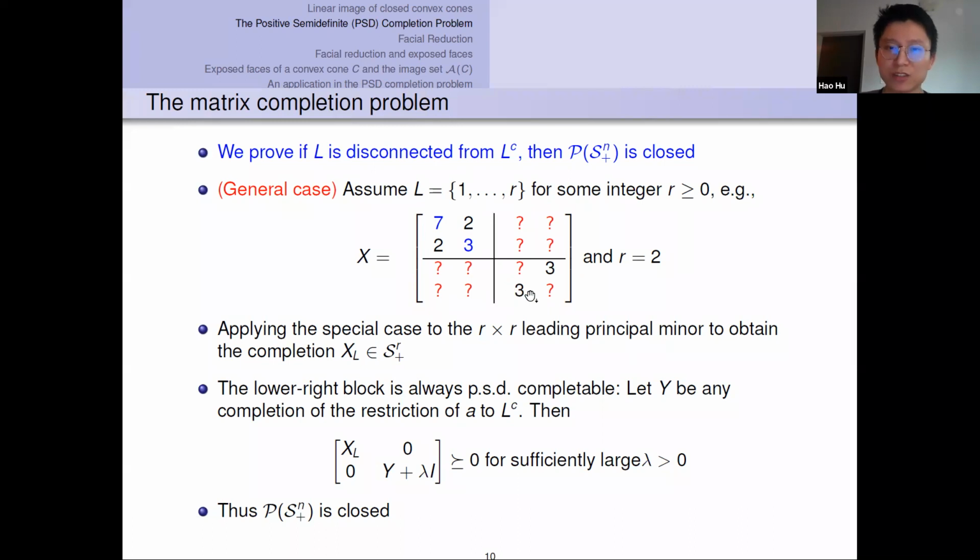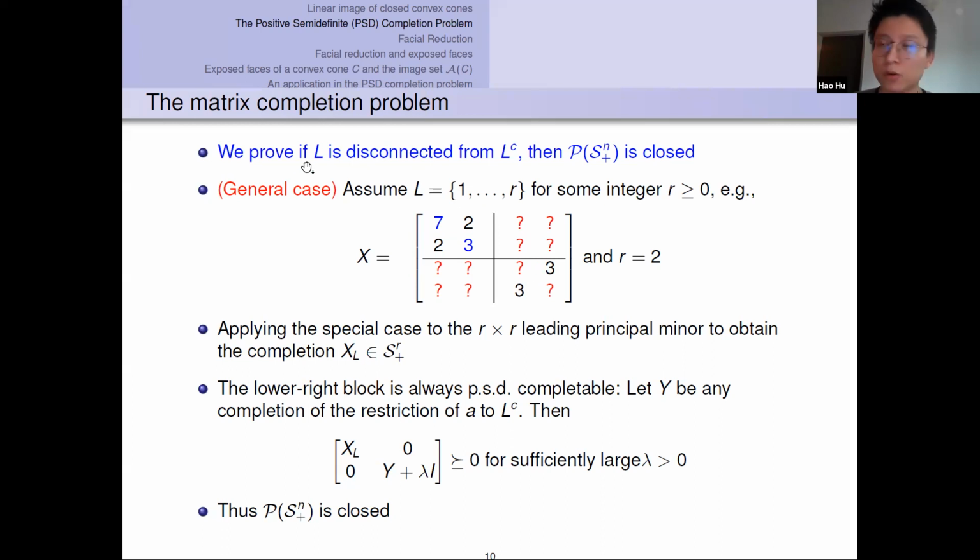To see that, we simply take any completion, not necessarily positive semi-definite. And then since the diagonal entries are not specified, we can simply add a big identity matrix to this lower right block. And this gives you a PSD completion. So this block is always PSD completable.